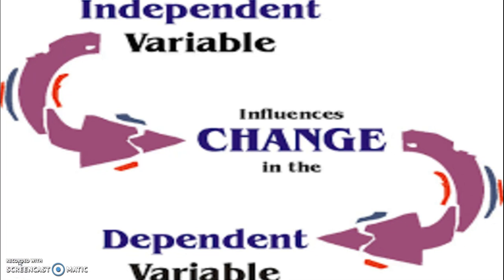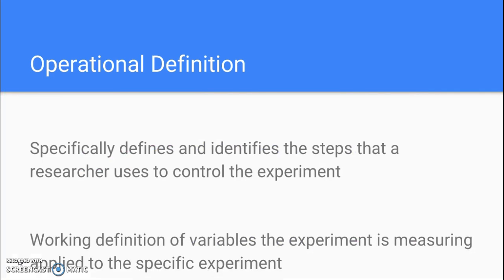After I get my independent variable, the thing that I'm going to change, and my dependent variable, what I'm going to measure, I have to then operationalize them. By doing that, I come up with an operational definition, or a specific definition or identification of the steps that I'm going to use to control the experiment. In other words, it's a working definition of the variables that my experiment is going to measure.